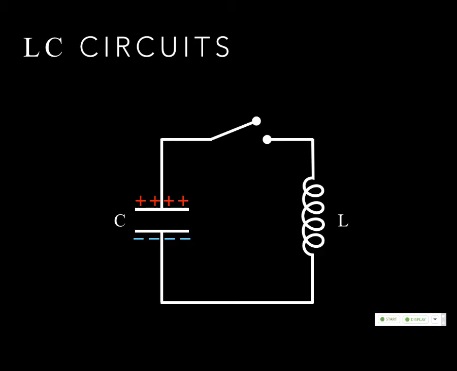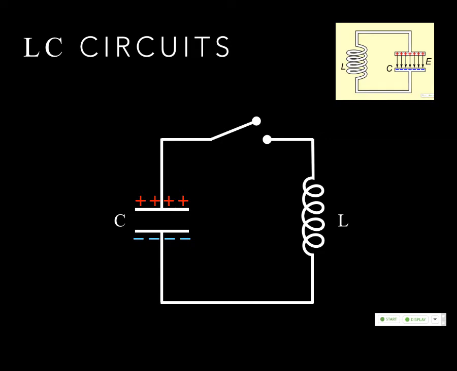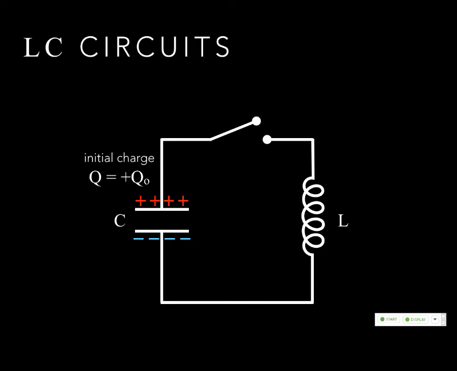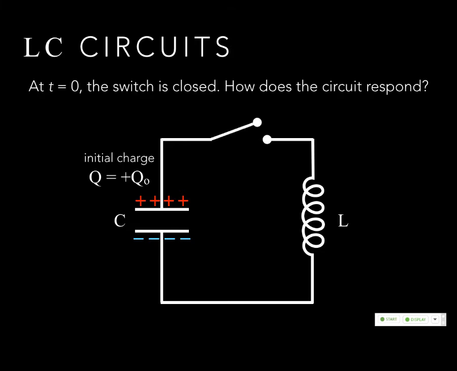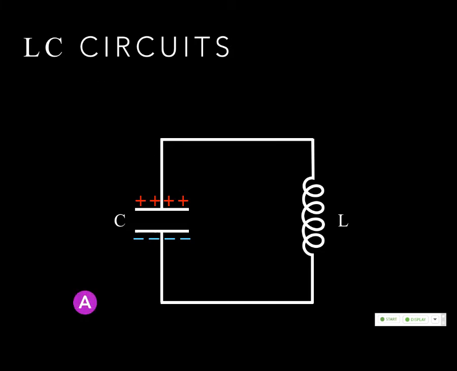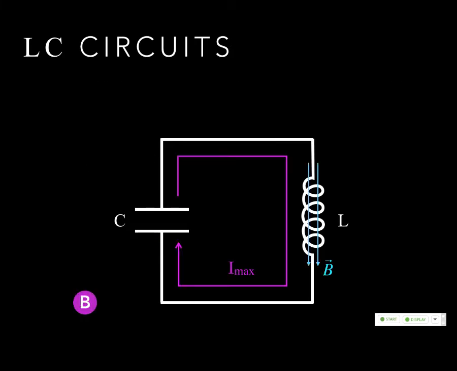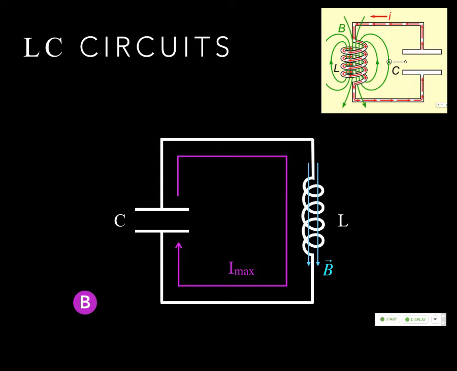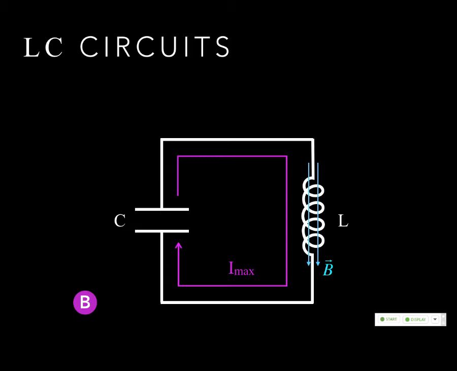Okay? So, here it is in snapshots. So you start with a charged capacitor, okay? This has an initial charge, let's say Q naught. Alright, so we close the switch. This thing starts to discharge, okay? As it's completely discharged, this ends up having a maximum current when this is totally discharged, okay?